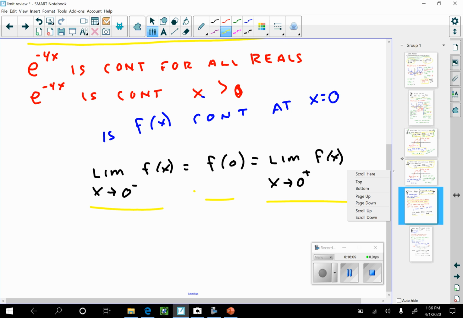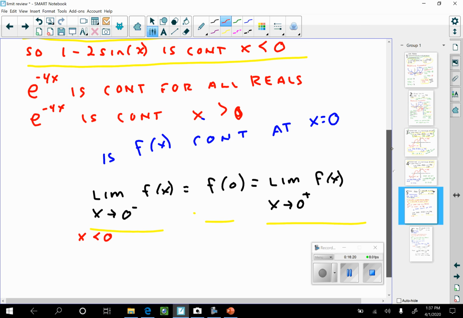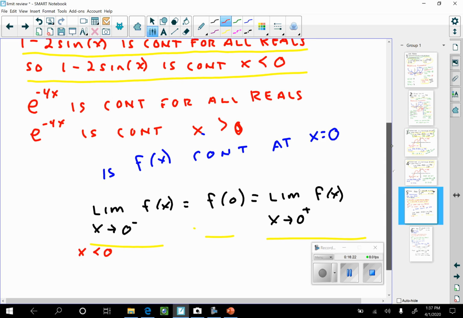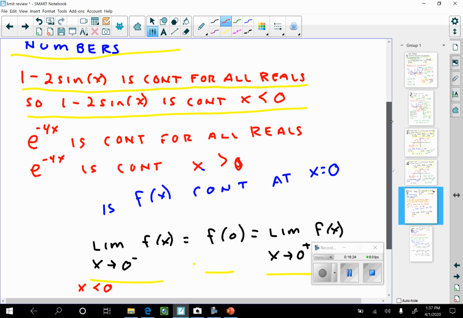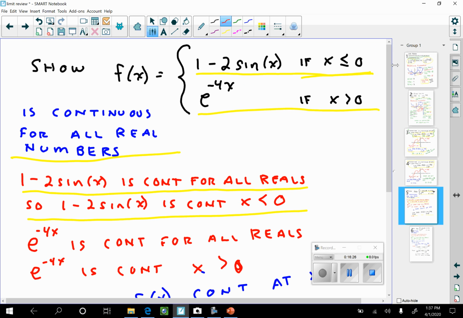What happens over here? If I'm approaching 0 from the left, that means x is less than 0. So I'm going to do direct substitution, because I want to get ever so close to 0 from the left.